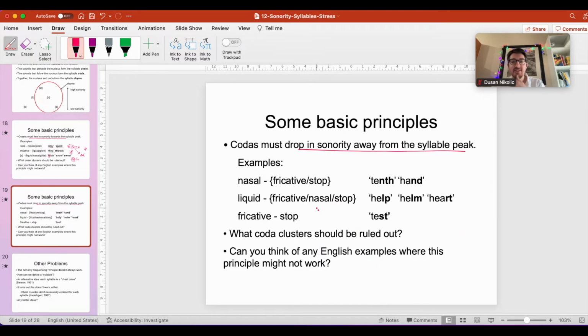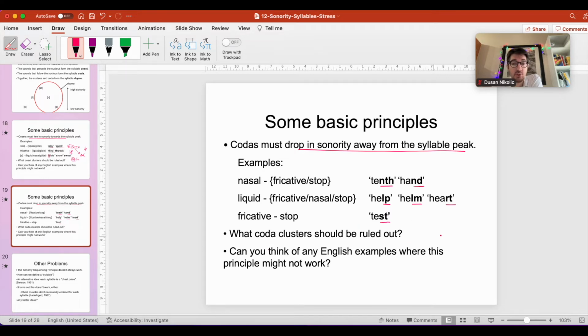Okay, so let's see some examples in English. Some examples are fricative plus stop sequences. For example, tenth, hand, help, helm, heart, test. So all of these are well formed according to the sonority principle.